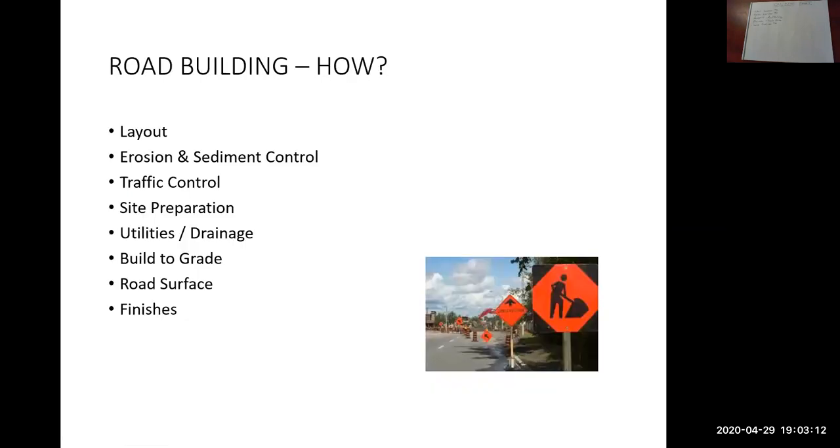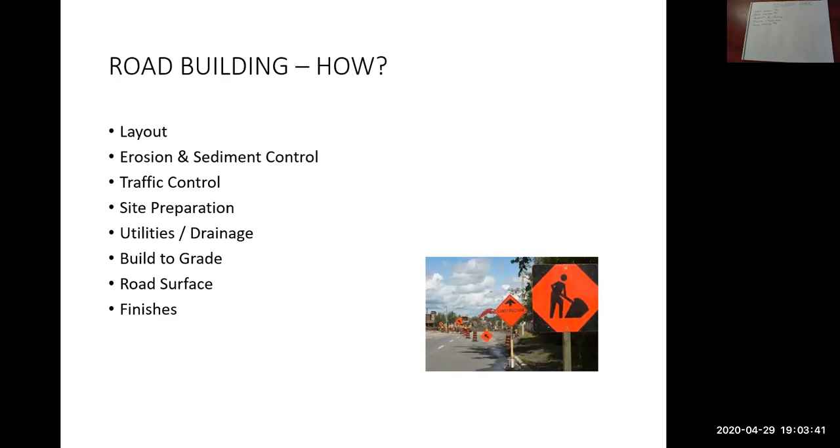So road building, how do we estimate road building? Similar to utilities, the first thing we need is layout. The surveyors come through, do their thing. What else is included? You'll have erosion and sediment control. You'll have some kind of traffic control. We'll have some site preparation.